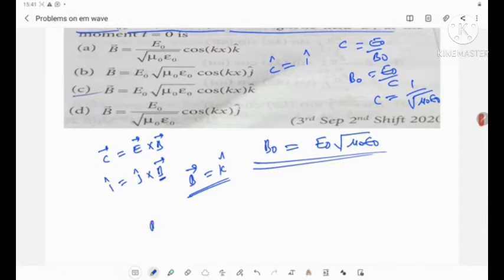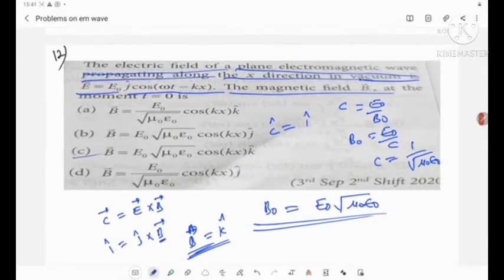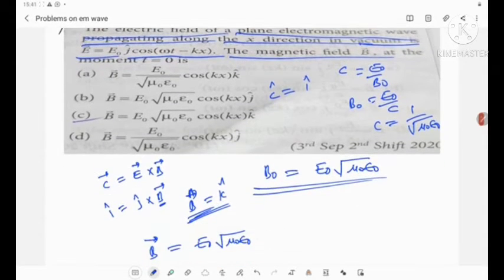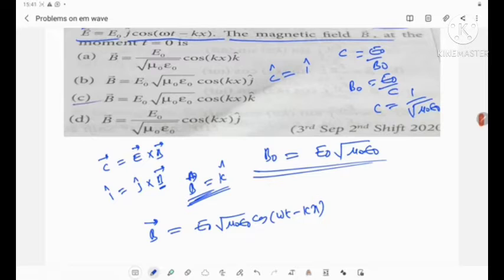Now, its vector B bar is equal to its magnitude E naught into square root of mu naught into epsilon naught, and the same as the electric field, this is cos(omega t minus kx), and its direction is k cap.